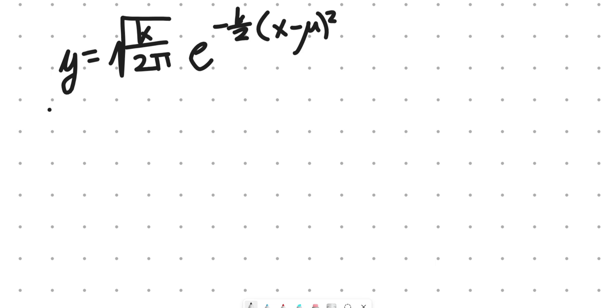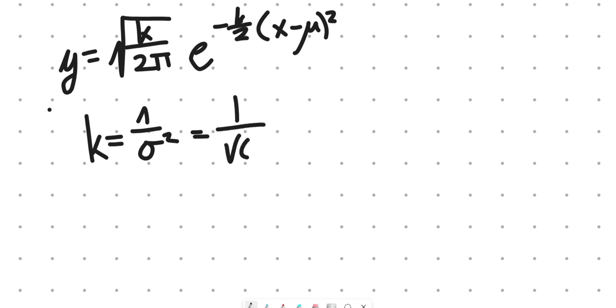Now we have found the c, but we still have the k, and we want to get rid of the k. So in order to factor in the variance, which is sigma squared, we have to let k equal 1 over sigma squared, which is the same thing as 1 over the variance. Not the variance squared, it's just the variance.